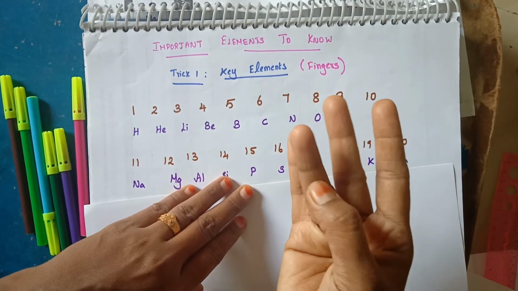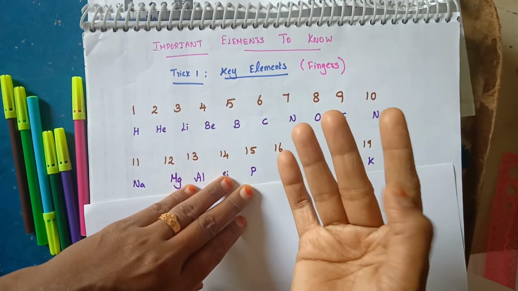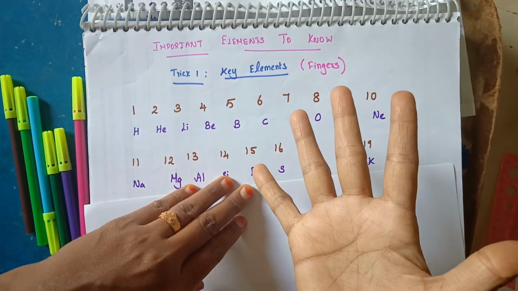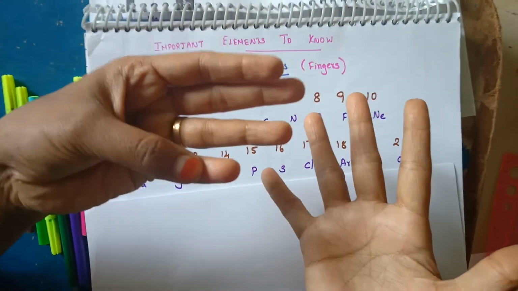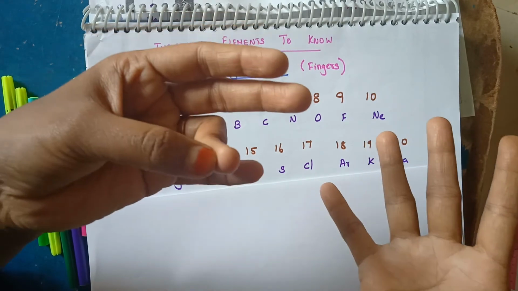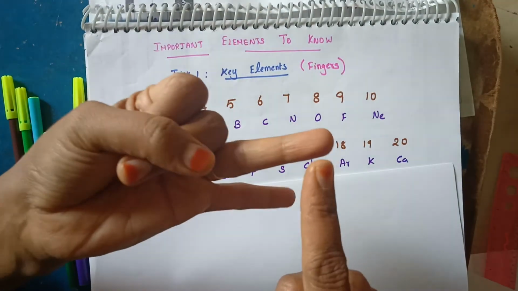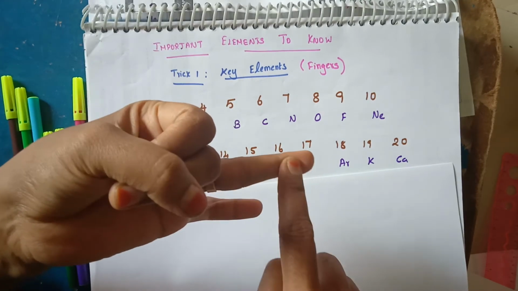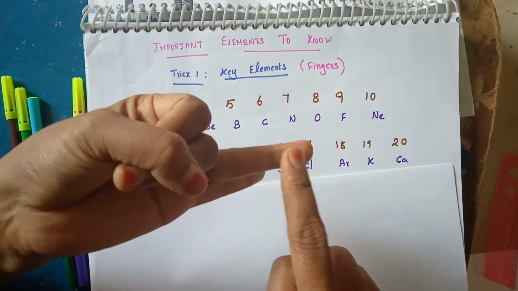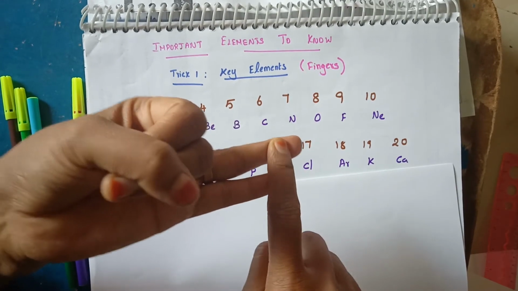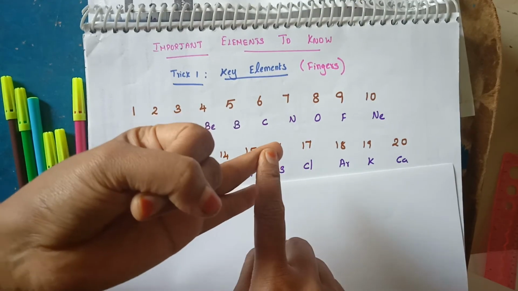Sodium, magnesium, aluminium, silicon, phosphorus, sulfur, chlorine, argon, potassium, calcium. So chlorine comes here. What is the atomic number of chlorine, student? It is 17.